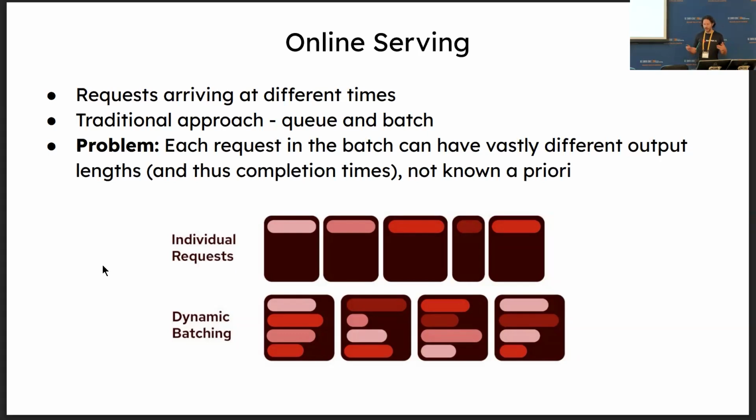In traditional systems, what you might do is have a queue where you queue up the requests, and then you send them as a batch after some period of time. This can be done, and it helps. It's a good first step. Because the generation of text takes a relatively long time, if you've got lots of requests coming in, you can queue these up while the others are running, and then use those for the next batch.